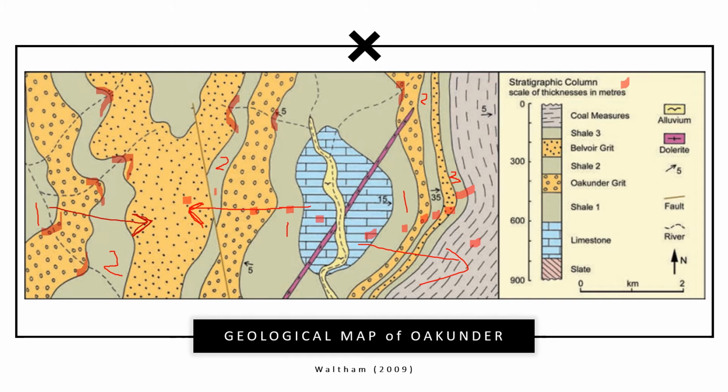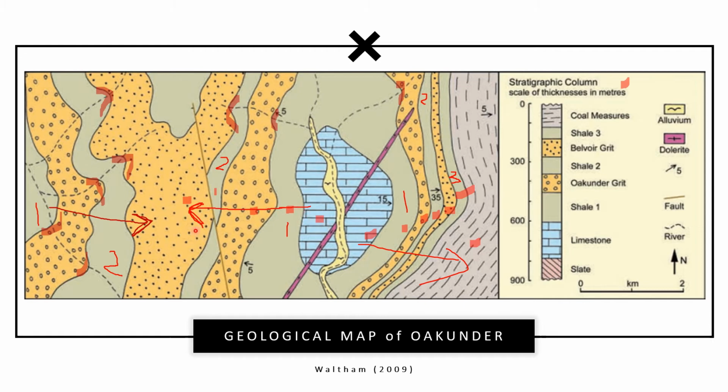Syncline and anticline are identified by recognizing the changes in the dips in the map. So we will observe the changes in the direction of the dip. As we can see in this area, it is all pointing to the right side. In this area, the direction of the dip opposes the direction on this side.